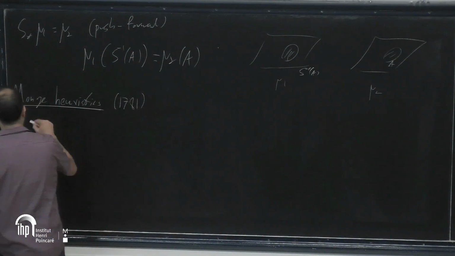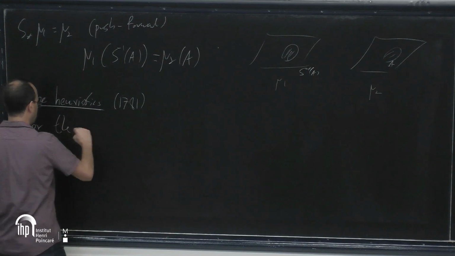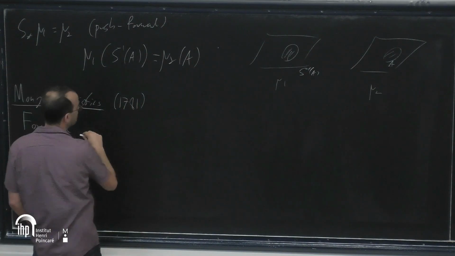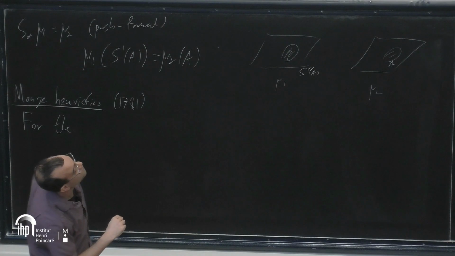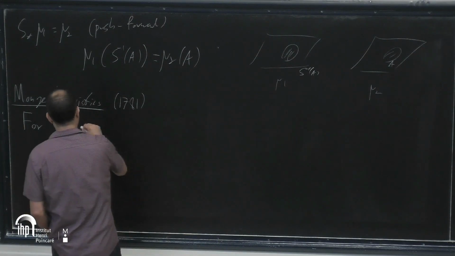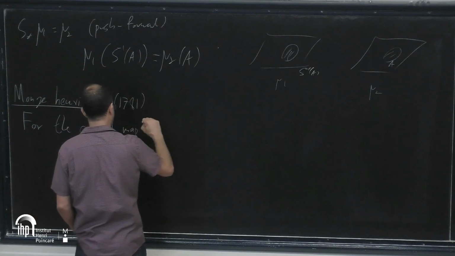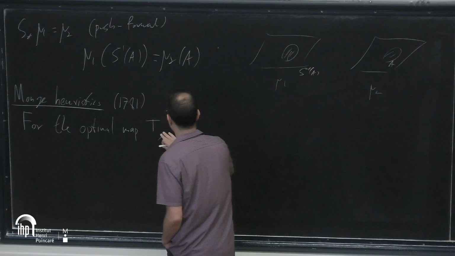Suppose there is an optimal map. If you assume finite first moments, there is an optimal map. But for the optimal map T, the following holds.